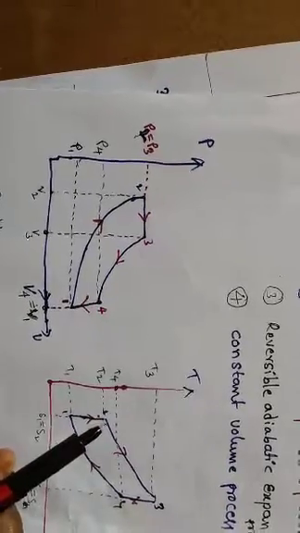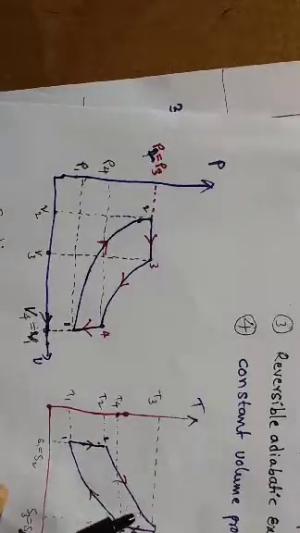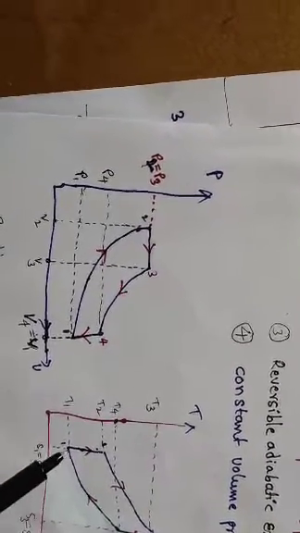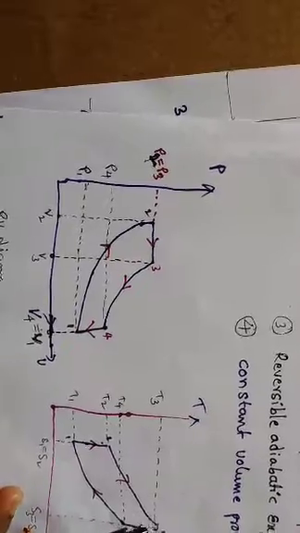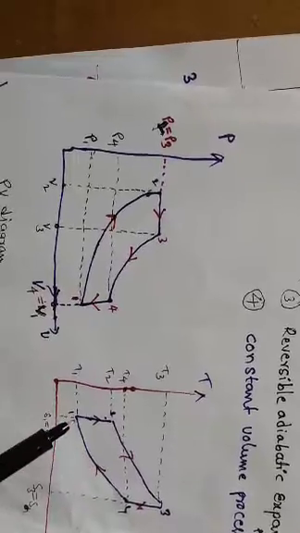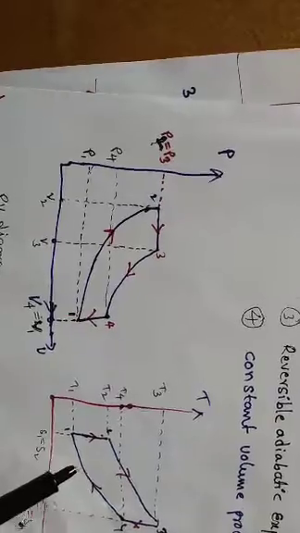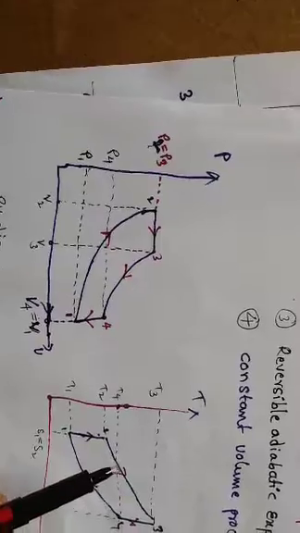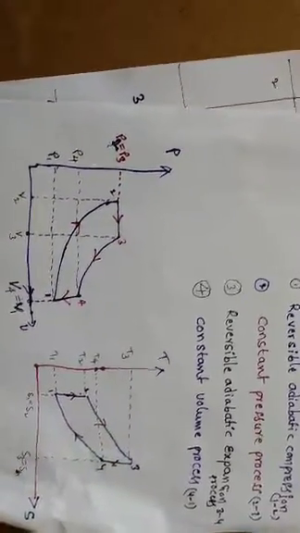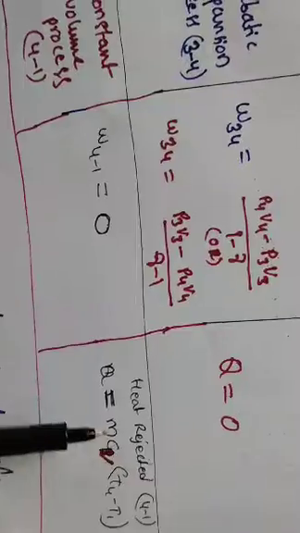So 2 to 3 is the heat supplied process, and 4 to 1 is the heat rejection process. Here from temperature T4 to T1 the temperature is falling down, so that is the heat rejected process. 2 to 3 is the heat supplied process, 4 to 1 is the heat rejected process.